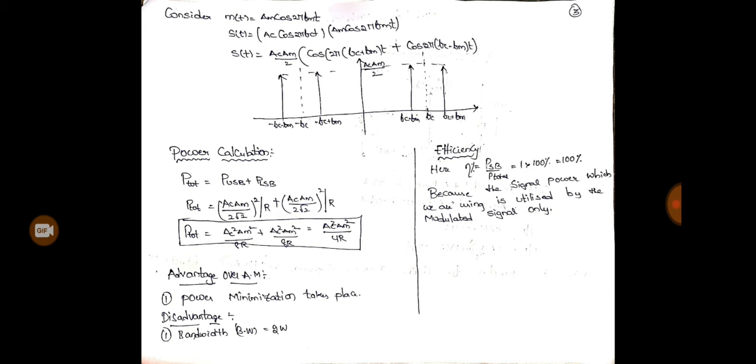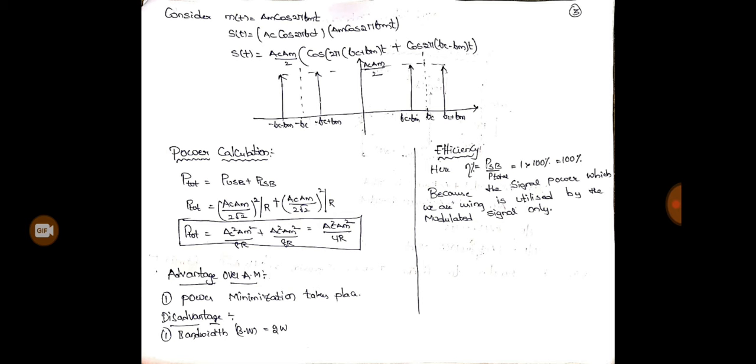Now let us consider the power calculations. We know that in the DSBSC, as you are suppressing the carrier, there is no need of power for transmitting the carrier. We have only the modulated signal. In the modulated signal we have two components, the upper side band as well as the lower side band.